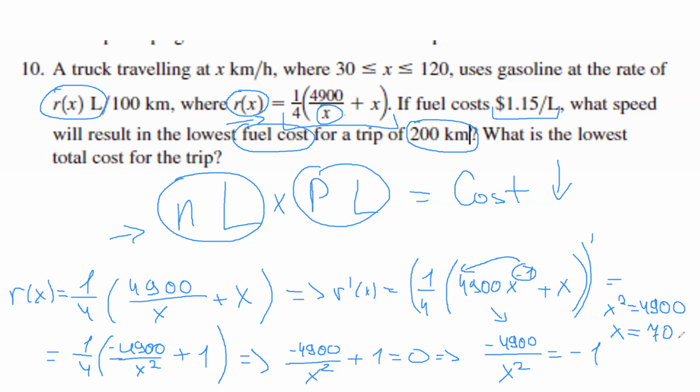I won't trick you, it can be negative. It would mean only one thing, that we're going backwards. But in this case, we said that we're only going forward, and from 30 to 120 kilometers per hour. So 70 would be the optimal speed to optimize the cost of a trip.